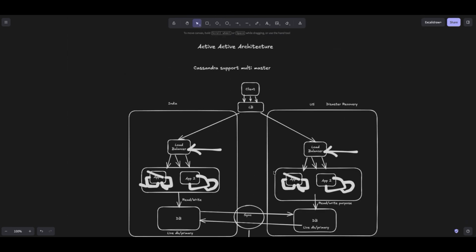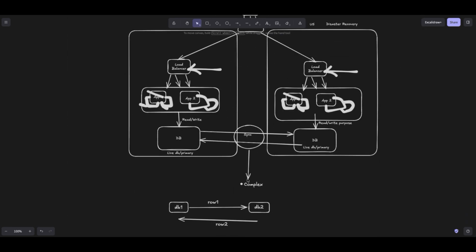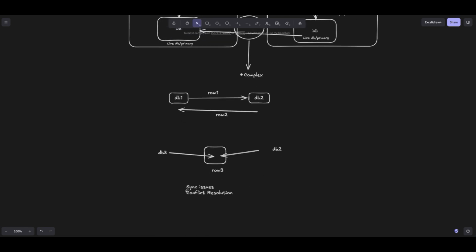So for that we have to utilize active-active architecture while resolving such issues. There should be some database available which resolves these issues with the help of, let's say, a change log, which both databases maintain and share with each other. So based on the timings, the conflict is resolved.